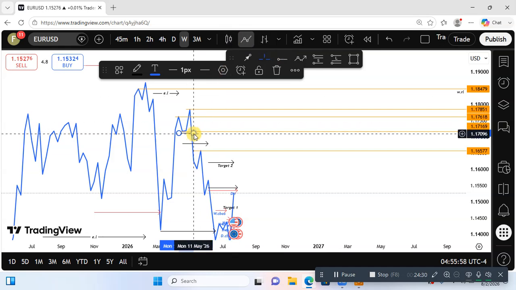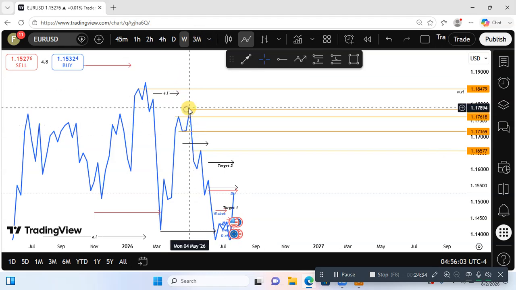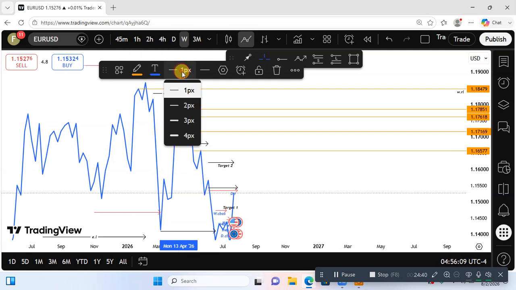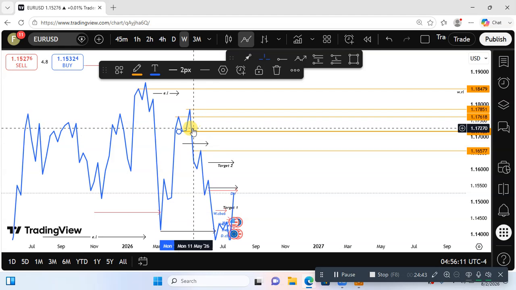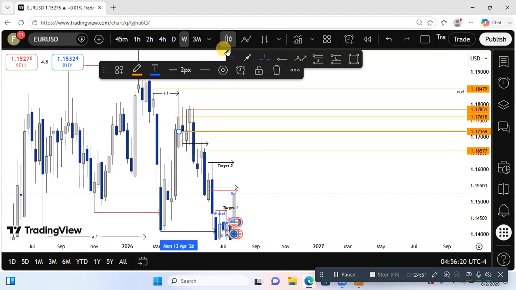So yeah, okay, fine. I think I represented the weekly break of structure by doing this. Let me embolden it. So this is where the weekly break of structure started from. So normally price is supposed to come up and tap. Let's see if price actually did that. The price did not even come up.